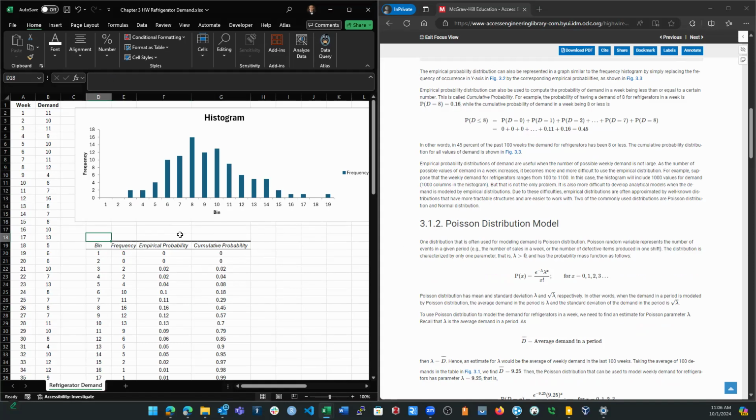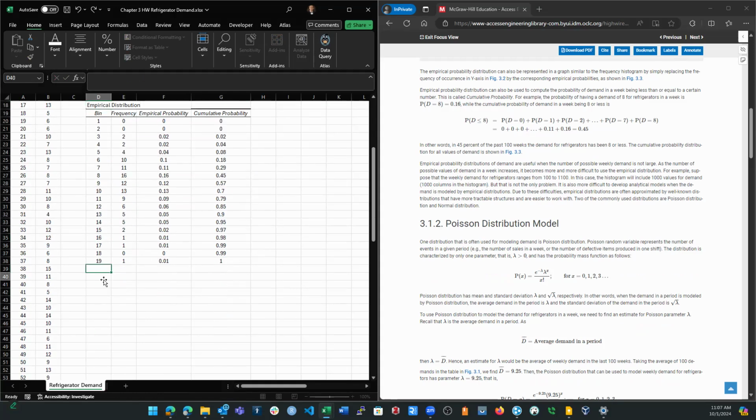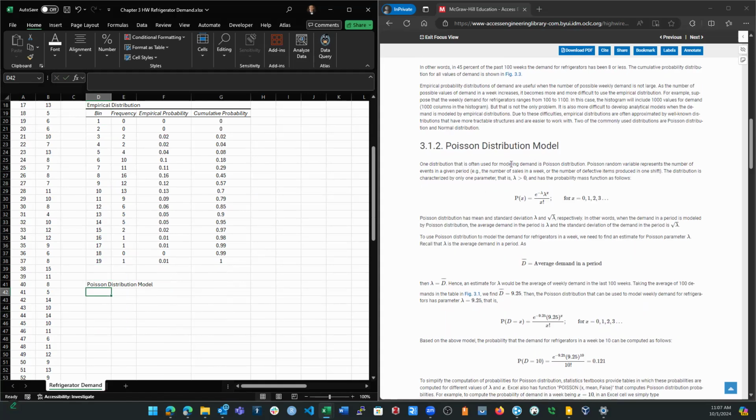Let me just go ahead and label this as our empirical distribution. And let's come down here and create another distribution. And let's look at this one, Poisson. One distribution often used for modeling demand is Poisson.